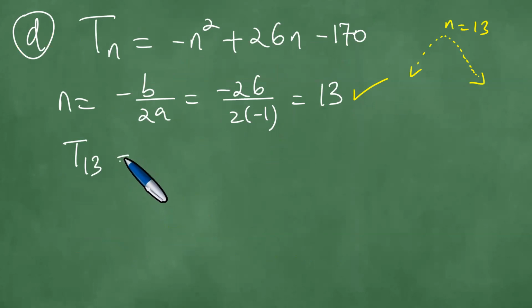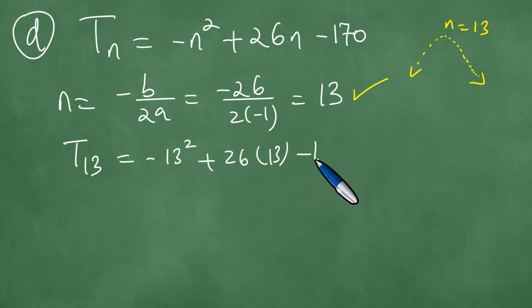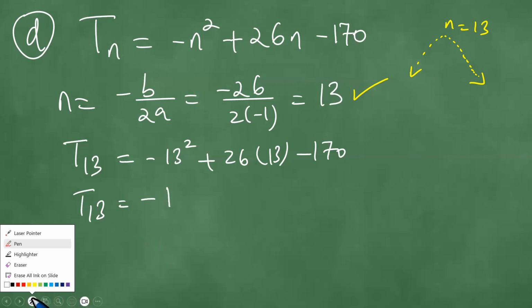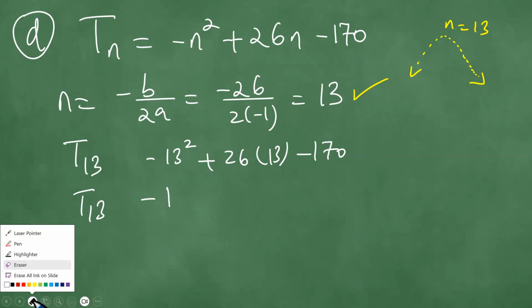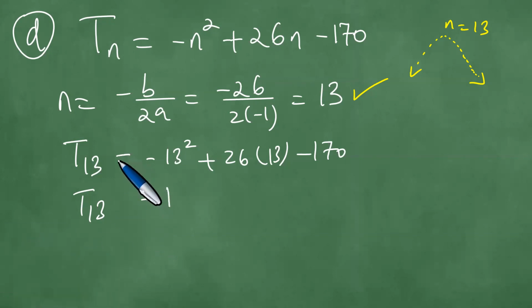The value of the maximum term is going to occur at 13, which is minus 13 squared plus 26 into 13 minus 170. So you have this, which is minus 1.